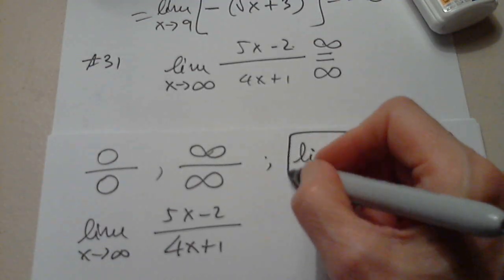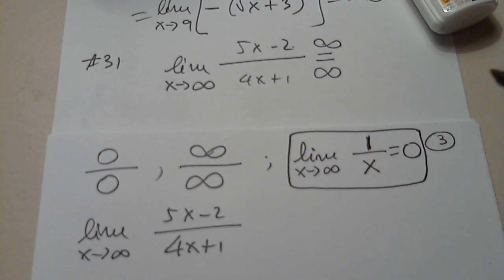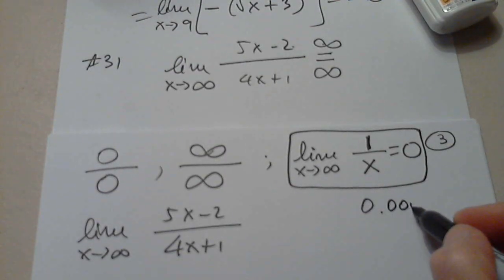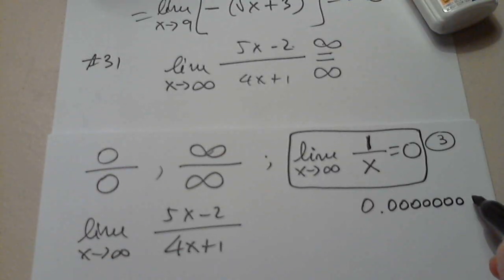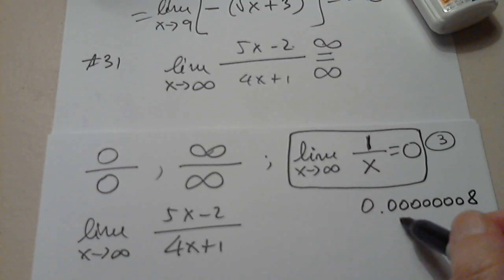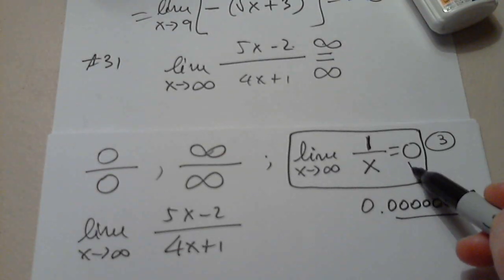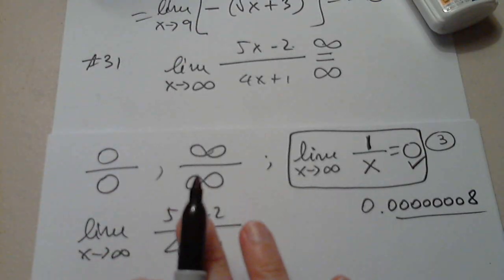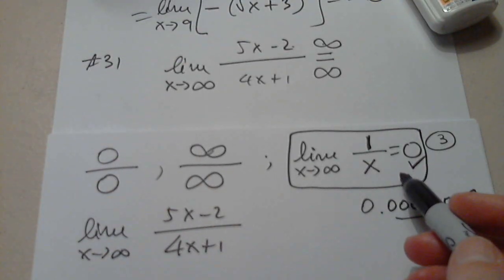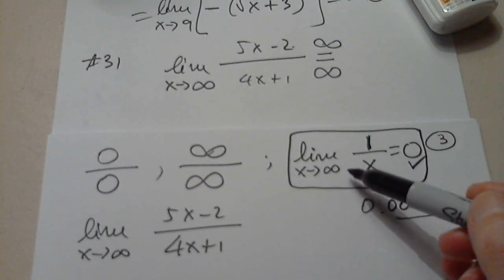Indeed, absolutely. Every time we divide a tiny number by something humongous, remember what we got? 0.7 zeros and 8. What is this? 0. Excellent. So now we're coming back, so please keep this in mind when x approaches infinity.